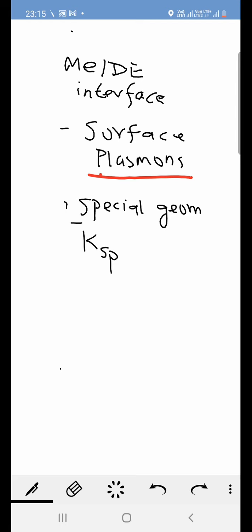In metal nanoparticles, the plasmons are localized and not characterized by KSP. This is only for the surface plasmon.